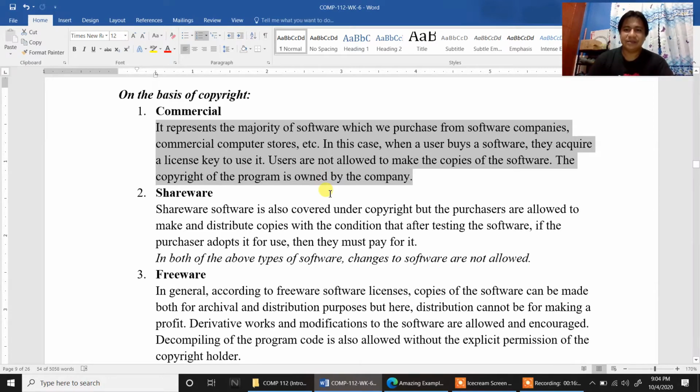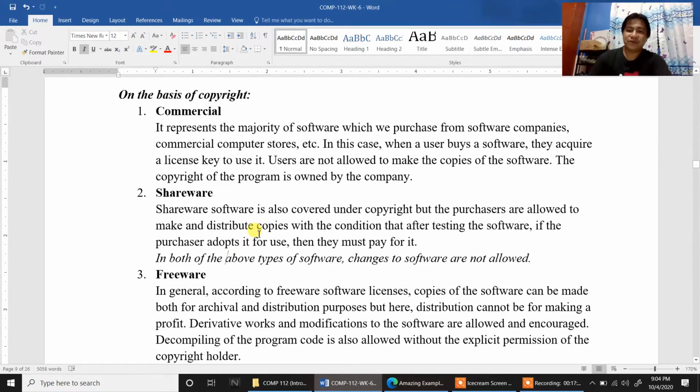Okay? Next to it is the shareware. Shareware is another type of software application that you can try. You can test it, but once the trial is finished, you have to pay.